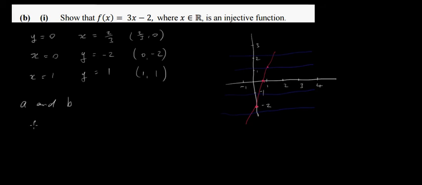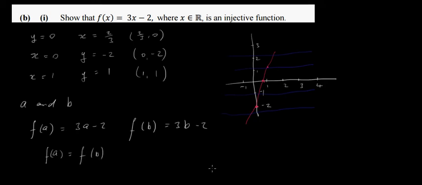So in other words, f of a will give us 3a minus 2. f of b will give us 3b minus 2. So if the two y values were the same, so we're going to let f of a equal f of b, that means 3a minus 2 would be equal to 3b minus 2.